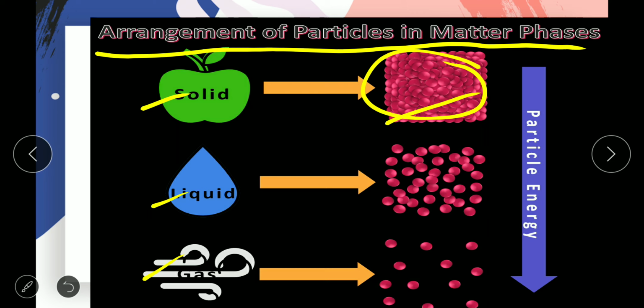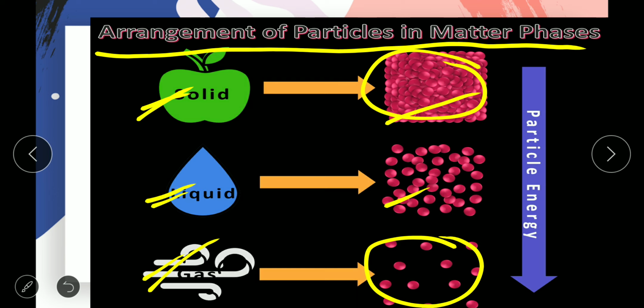In a liquid, particles are less closely packed than in a solid and are free to move. Solid has a fixed mass and fixed shape. Liquid has a definite volume but not a definite shape.